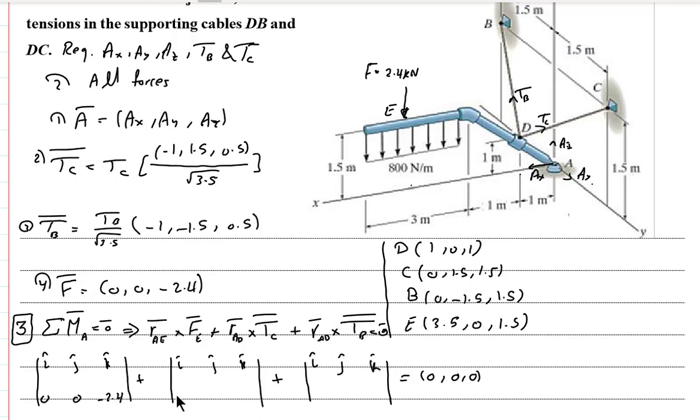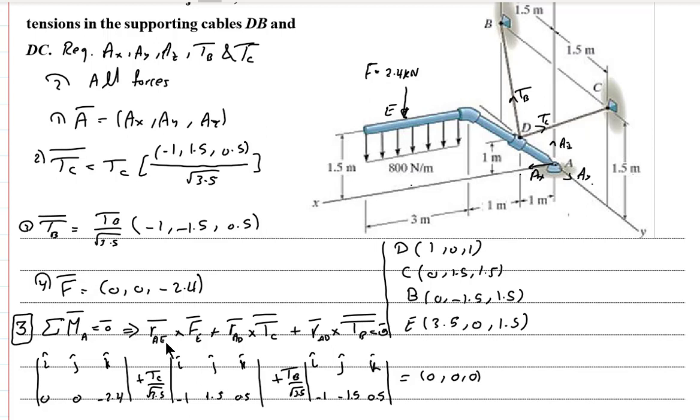Here I should write the components of TC vector, which is TC over square root of 3.5 as a common factor, and here we have negative 1 and then 1.5 and then 0.5. Also here we can write TB over root 3.5, negative 1, negative 1.5, half.